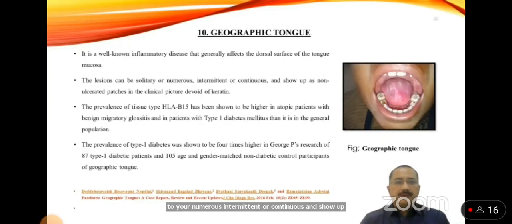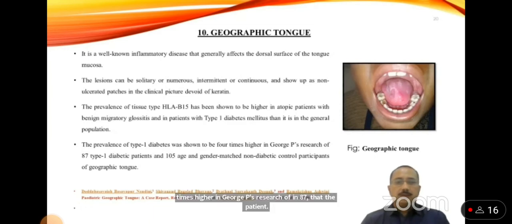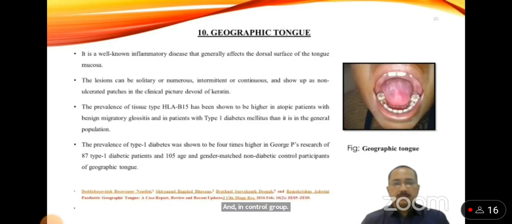The prevalence of tissue type HLA B15 has been shown to be higher in atopic patients with benign migratory glossitis and in patients with type 1 diabetes mellitus than in the general population. The prevalence was shown to be 4 times higher in George P.'s research of 87 diabetic patients, with a higher incidence in diabetic patients than in the control group.